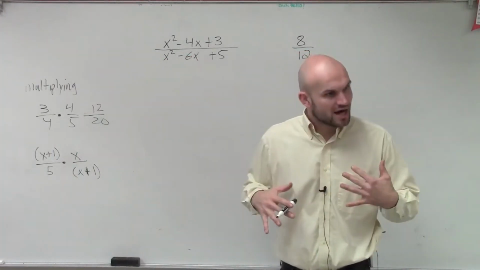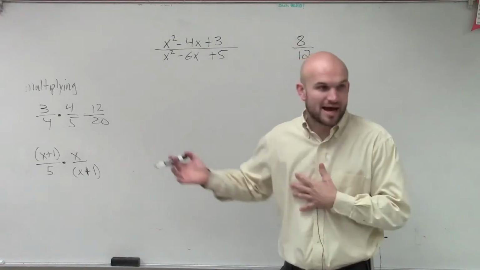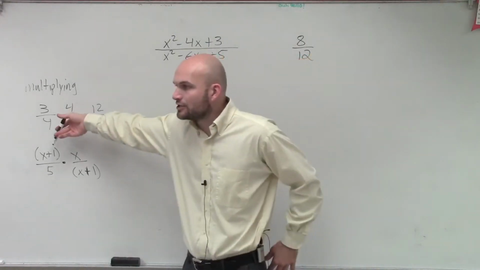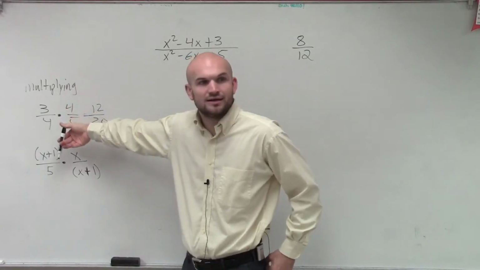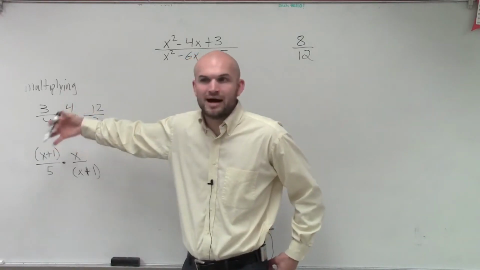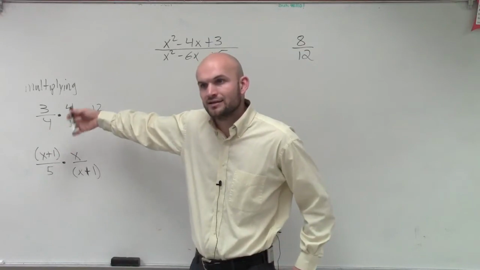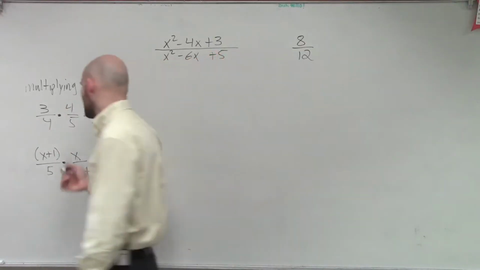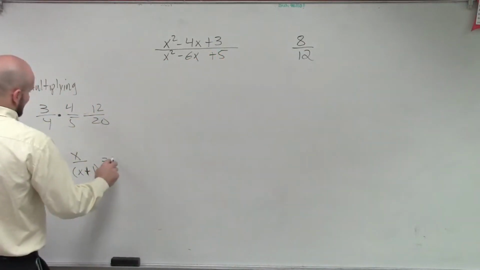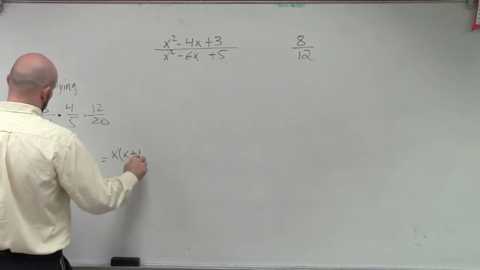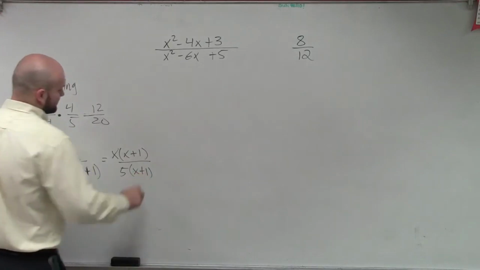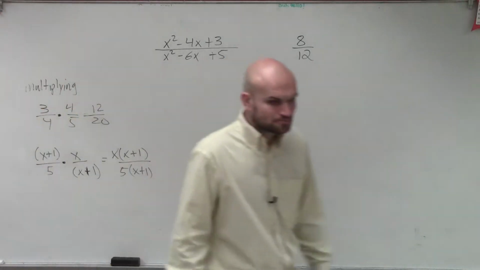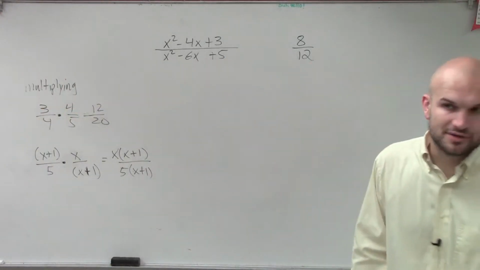You multiply across, correct? It doesn't matter if it's a polynomial or a number or a binomial or anything, Caden. You're just going to multiply across. So in this case, I would have x times x plus 1 divided by 5 times x plus 1.